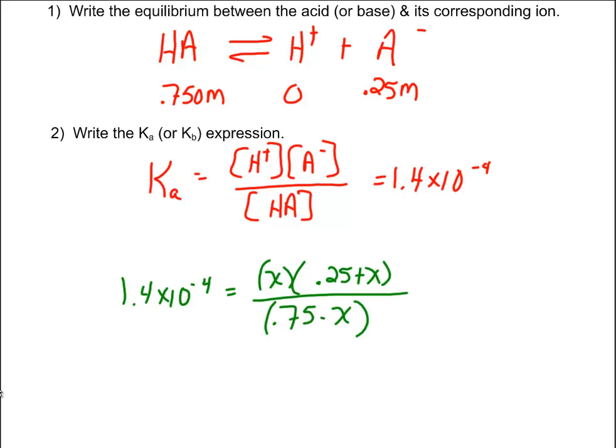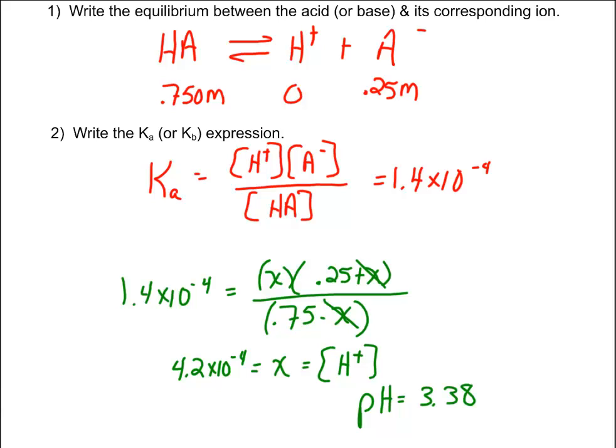Solving for x gives me my hydrogen ion concentration. Since my exponent is negative 4, the minus x in the denominator, the plus x in the numerator, can be eliminated. And so I have x, which is my hydrogen ion concentration, equal to 4.2 times 10 to the negative 4. So that creates a pH for me of 3.38.